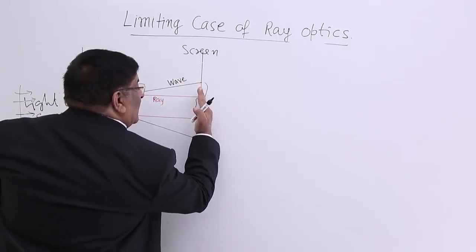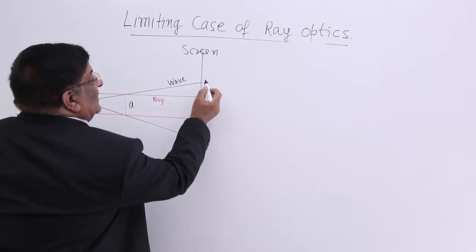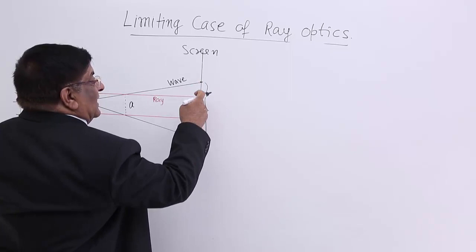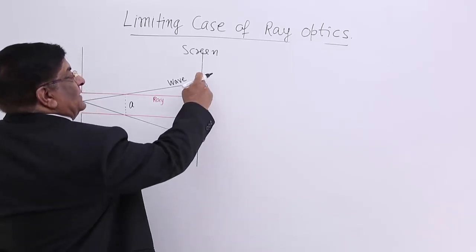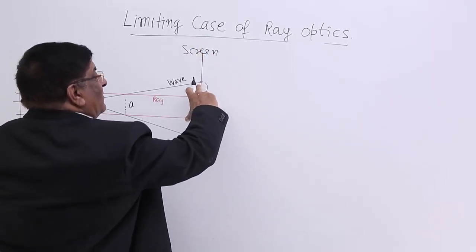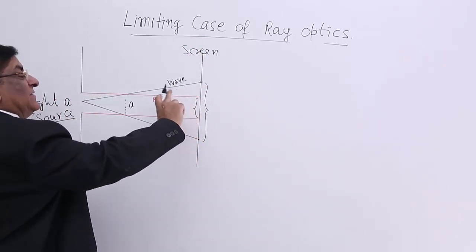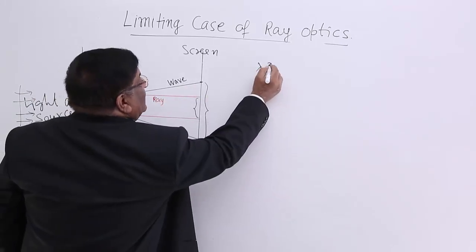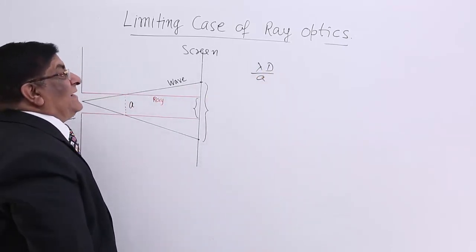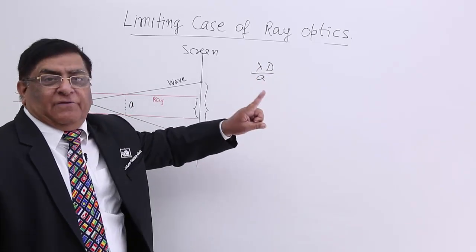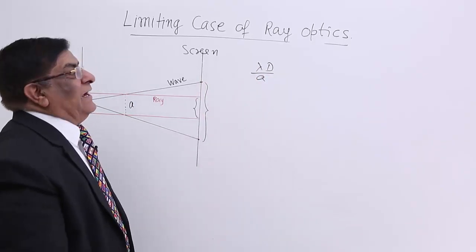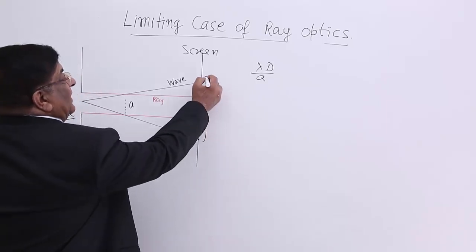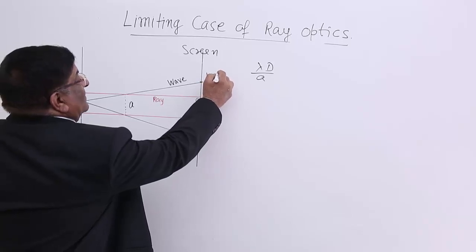I find the image is, bright spot is from this point to this point, and here are the two dark which will start. So, I say the image is so large, and this image I get by the formula of lambda d by a, which is a formula of wave optics. This width I get by this formula. Okay. Now, I say here wave optics is applicable.